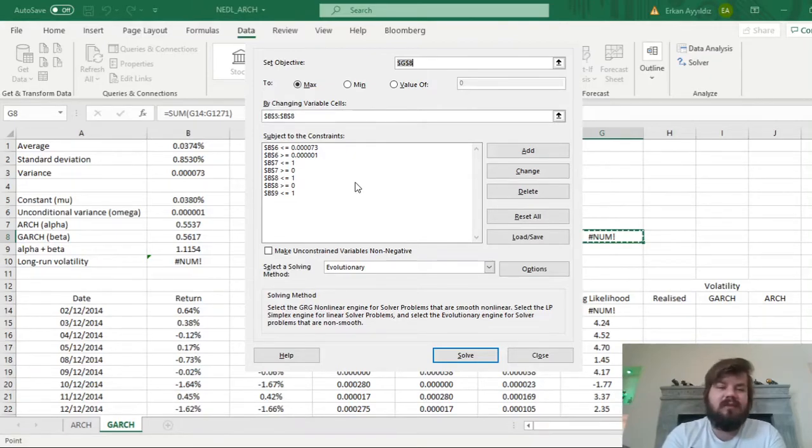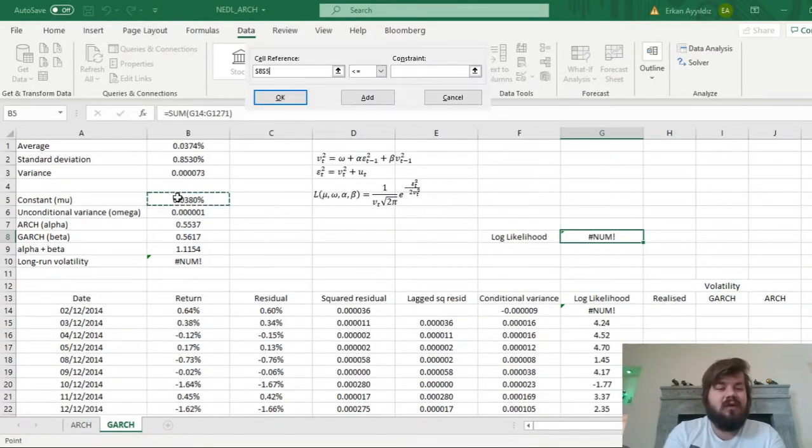So we can reasonably suspect that it cannot be, for example, higher than 0.1%. 0.1% daily return is a lot, and it cannot be really negative as well, so it cannot be lower than minus 0.1%, for example.